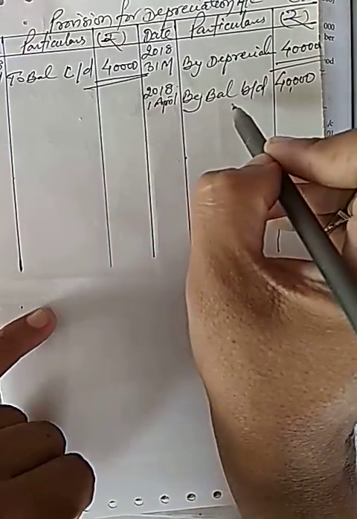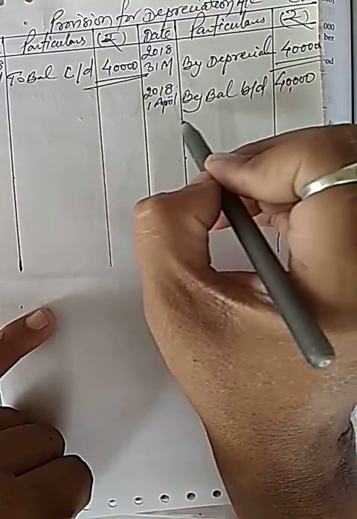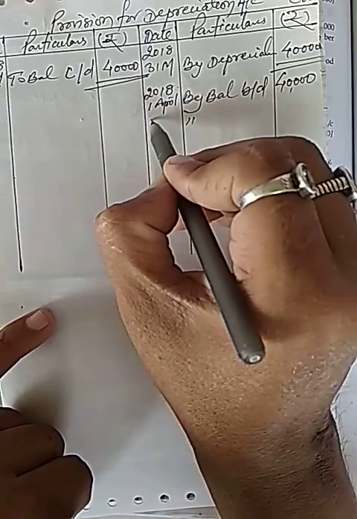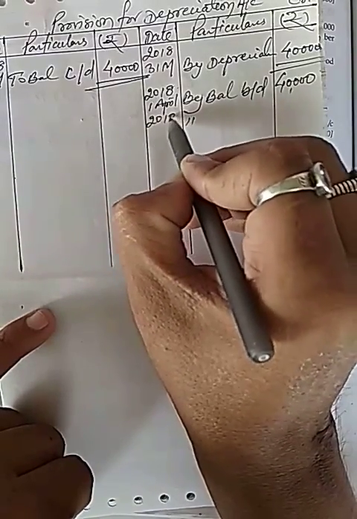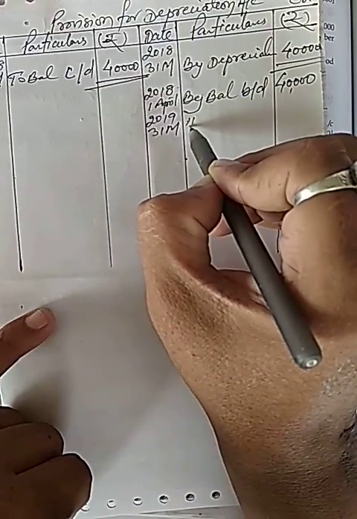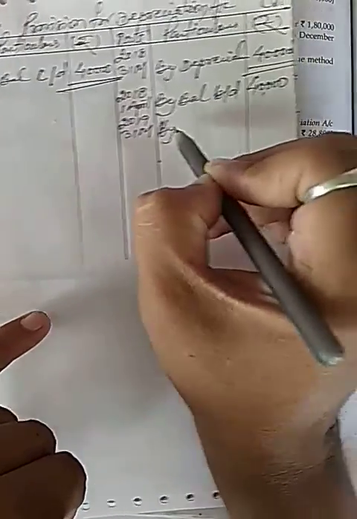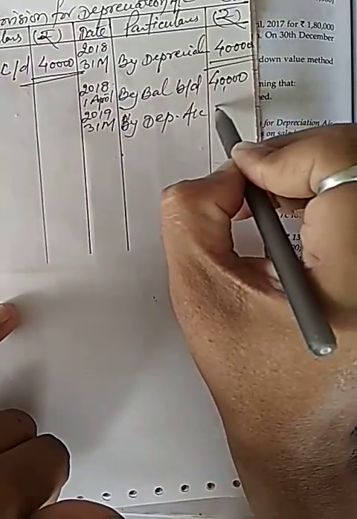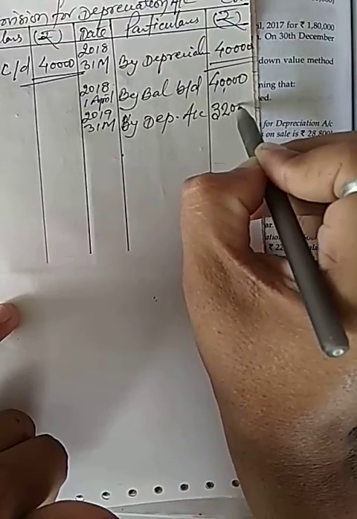And in this year the depreciation of the plant will be on 2019 31st March. Depreciation account will be by depreciation account 32,000.